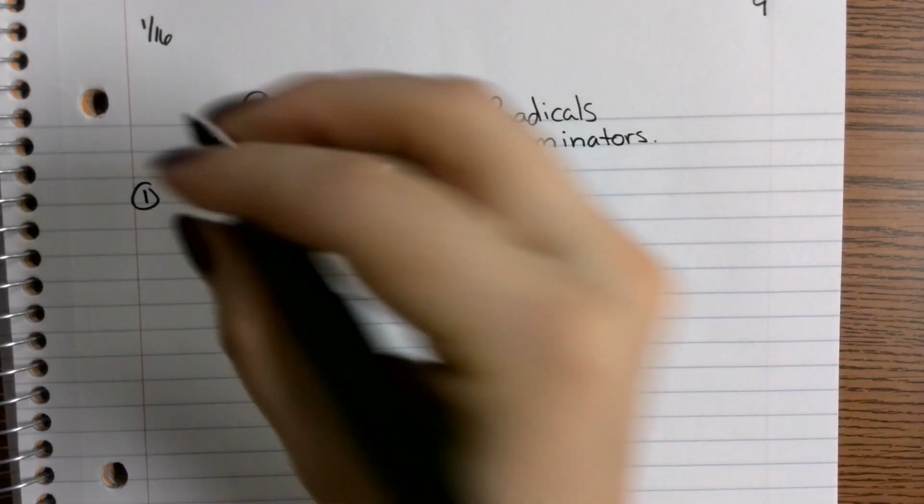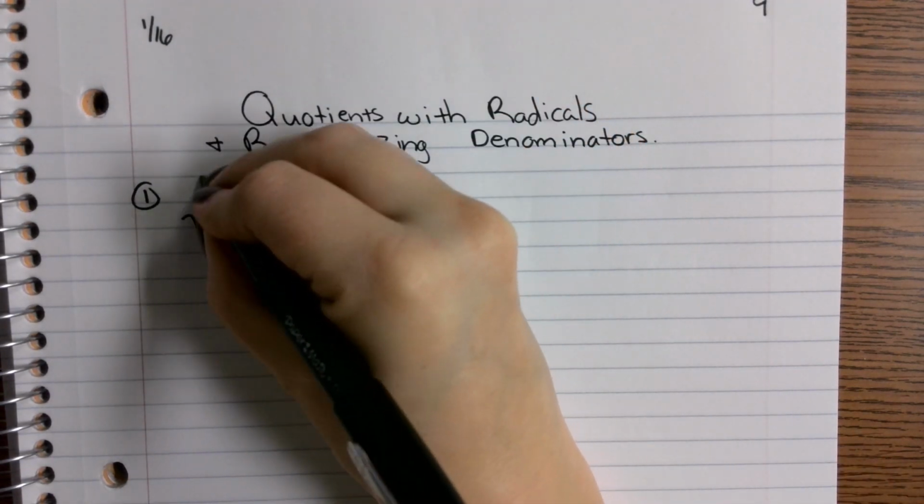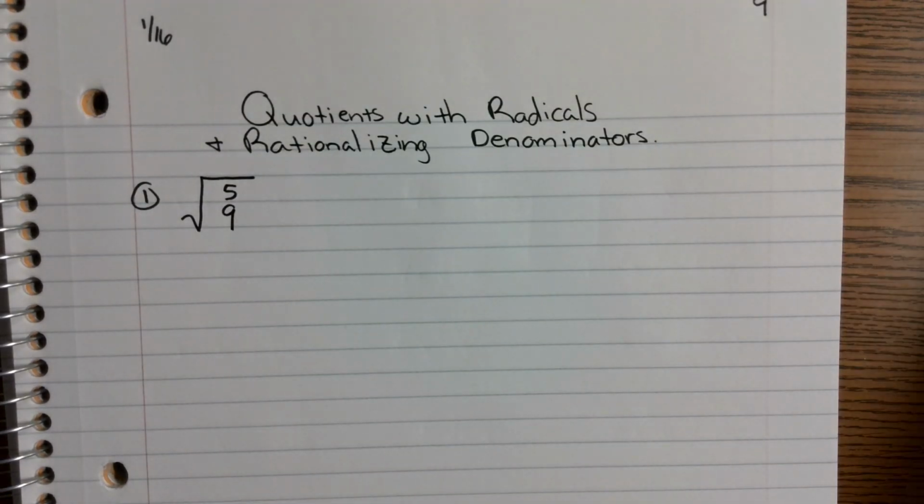So if we take a problem like, we'll start simple, square root of 5 over 9. The first thing that you always want to check is to see if your denominator is a perfect square.